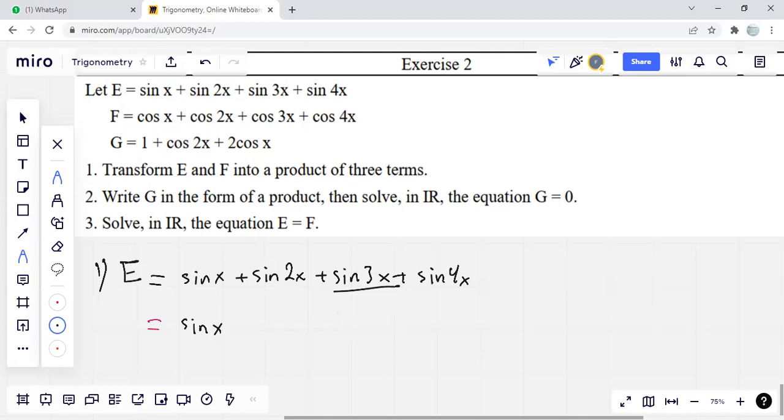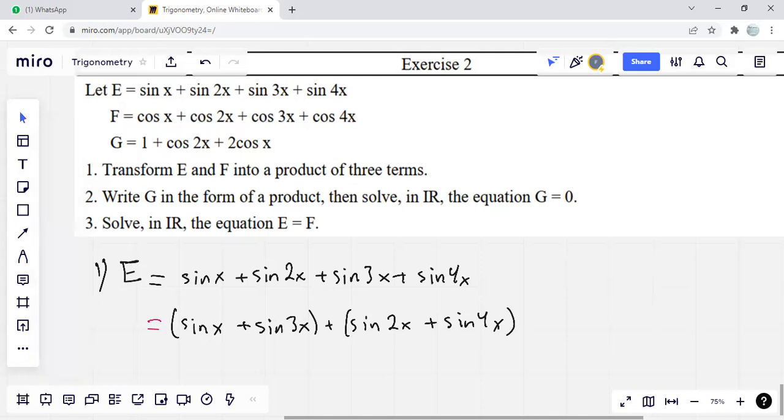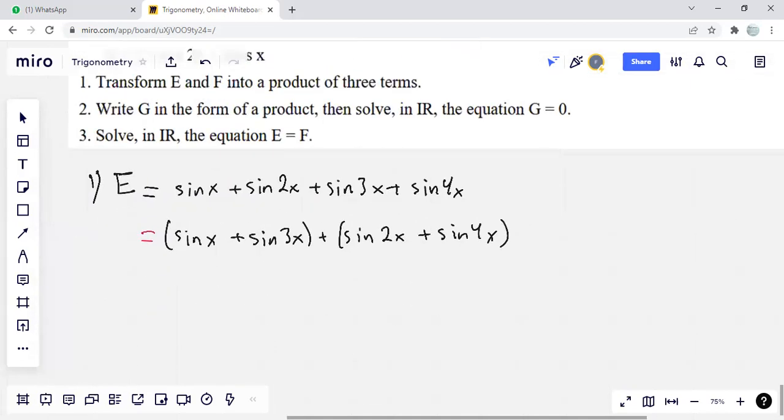Sine x plus sine of 3x plus sine of 2x plus sine of 4x. Okay, and we switched this one with this one. And we'll do these two together and these two together. Now why? Because x plus 3x will be 4x. So 4x over 2 will be 2x, and it will be easier to work with such a formula.